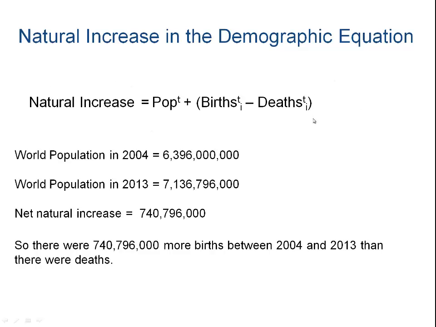So we can look at the natural increase between the world population in 2004 and the world population in 2013. The net natural increase during that time was approximately 740,796,000 people. So there were that many more births between 2004 and 2013 than there were deaths.